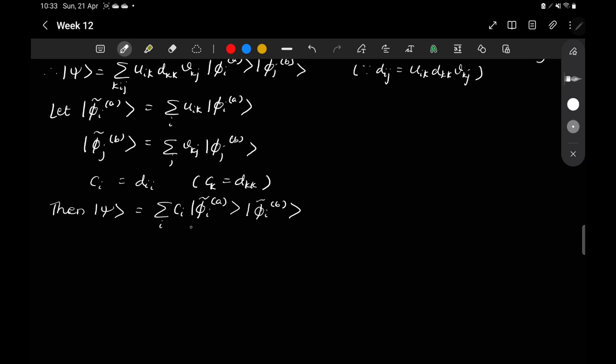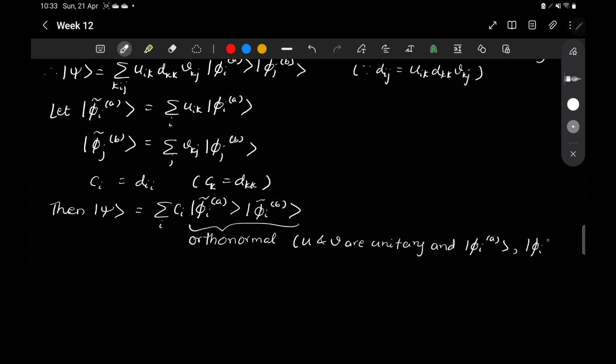And these are orthonormal because U and V are unitary and these original phi A, phi B were taken to be orthonormal.